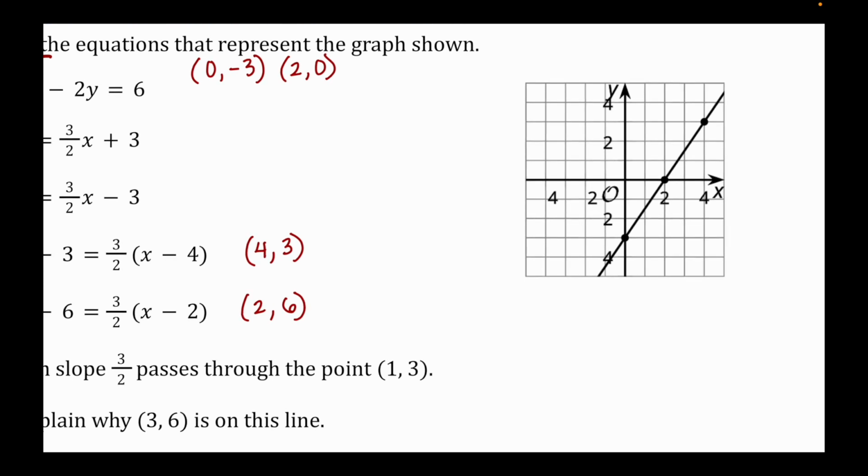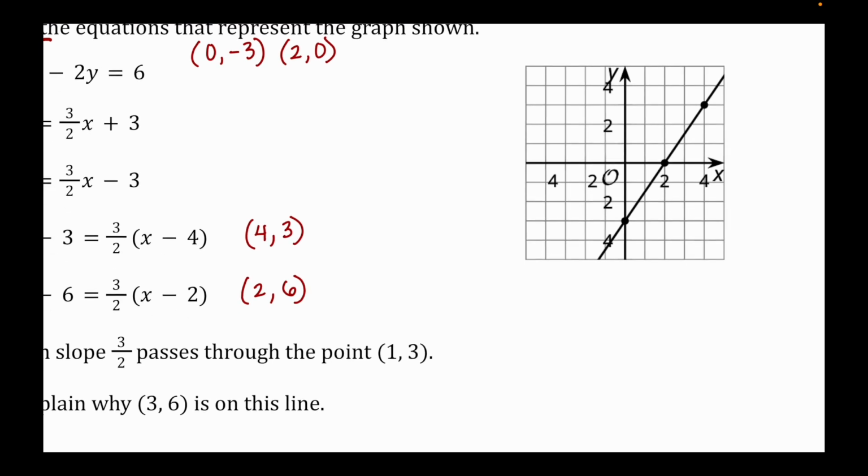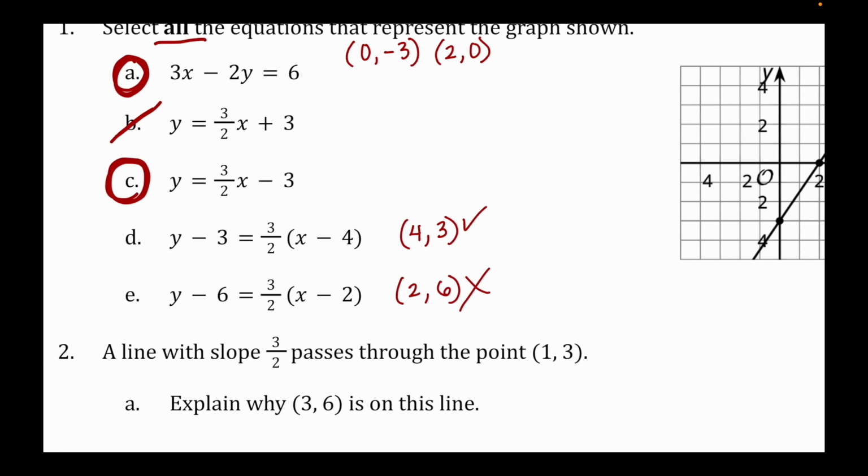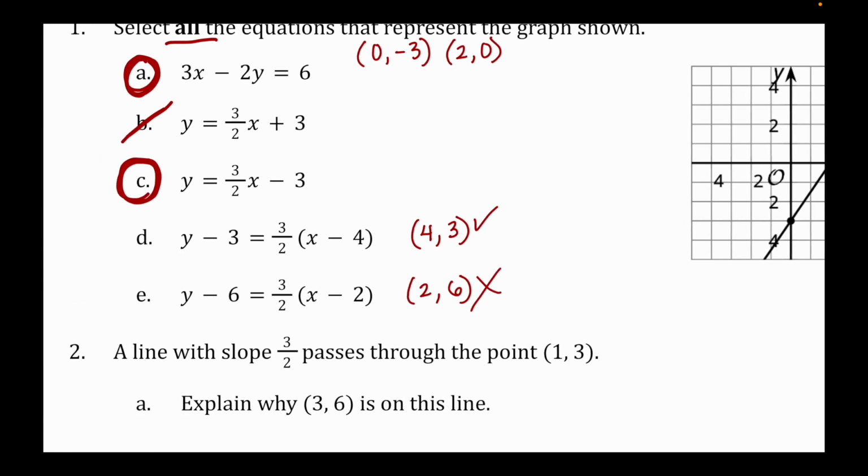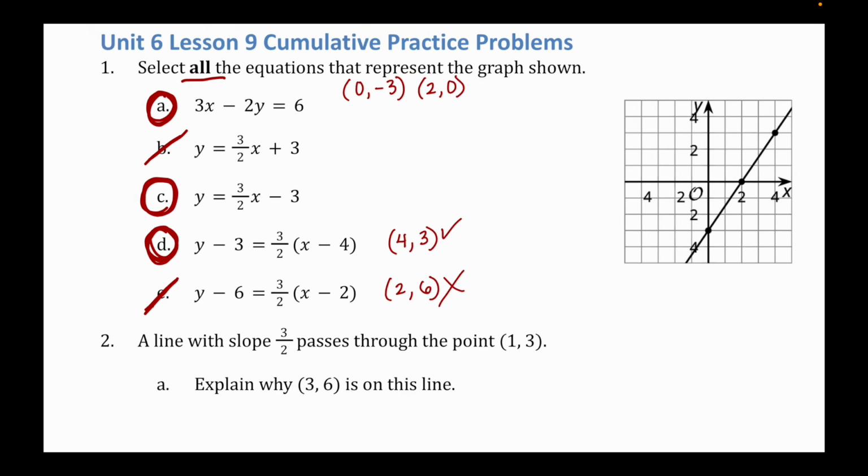Is 4 comma 3, so over to 4, up 1, 2, 3, on the line? Yes, it is. And then 2 comma 6 is the other one. This is 2 comma 0, so it does not work. So D is an equation that represents it, and E is not.